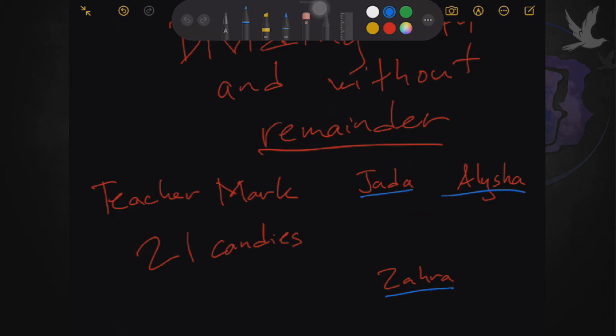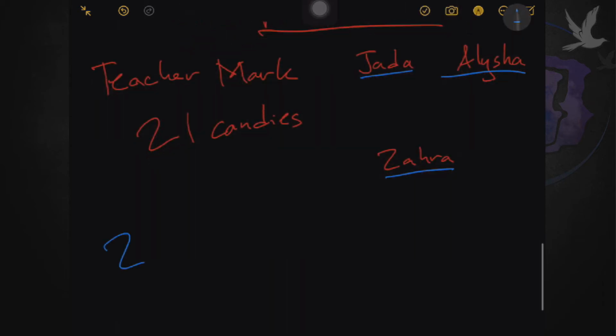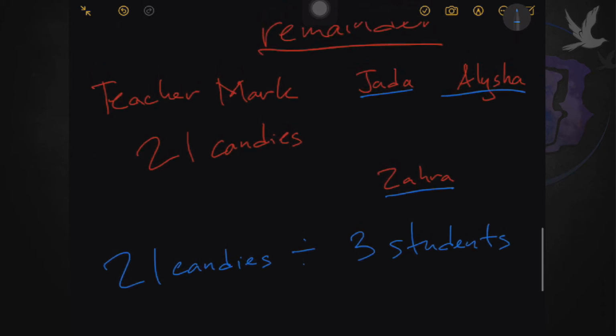So anong ibig sabihin dito? I'm now dividing the candies. I have now 21 candies to be divided to how many students? To 3 students. And these 3 students are Jada, Alicia, and Zara.